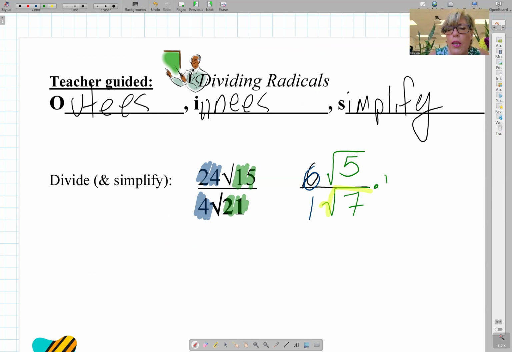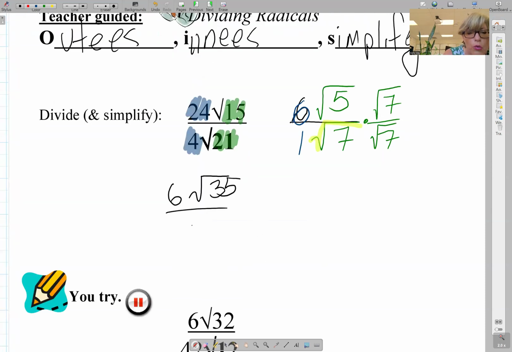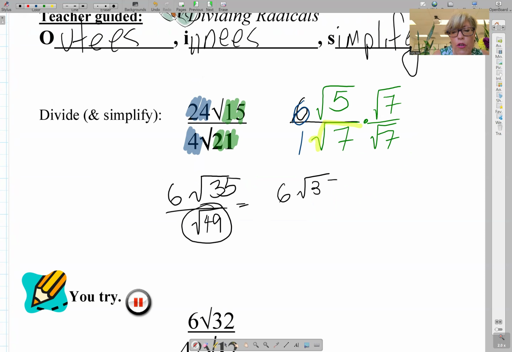So I'm going to multiply the top by root 7 and the bottom by root 7. So at the top, I have now 6 root 35 over root 49. One more step. Well, root 49 is perfect. Remember, you don't want any radicals in the denominator. So I have 6 root 35 over root 49, which is simply 7.